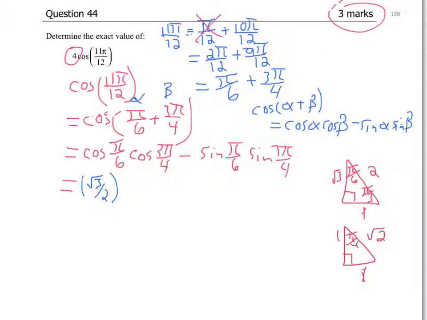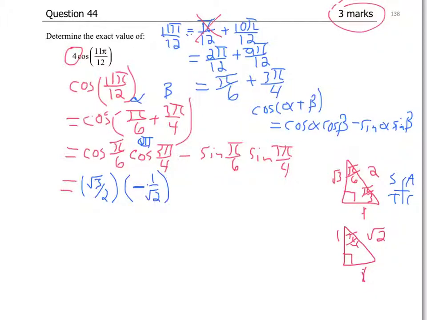And of course, 3 pi over 4 is in quadrant 2. So in quadrant 2, cos is negative. We just want to make note we're using All Students Take Calculus. So in quadrant 2, it's going to be a negative 1 over root 2.